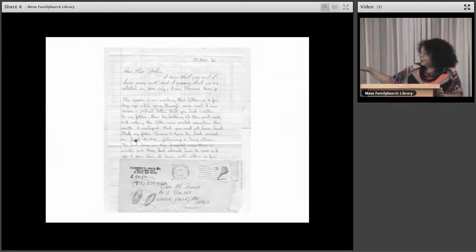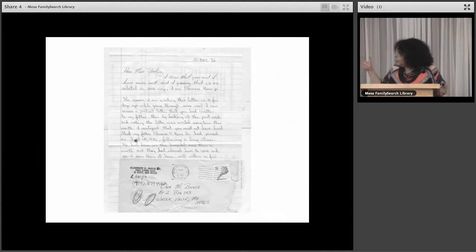This is the letter that this man's son wrote to her, and he said, I know that you and I have never met, and I'm guessing that we are related in some way. I am Clarence Reese, Jr. The reason I'm writing this letter is a few days ago, while going through some mail, I ran across a partial letter that you had written to my father.